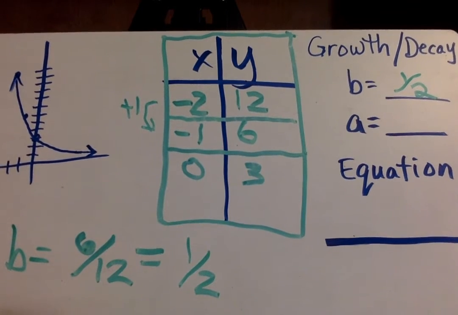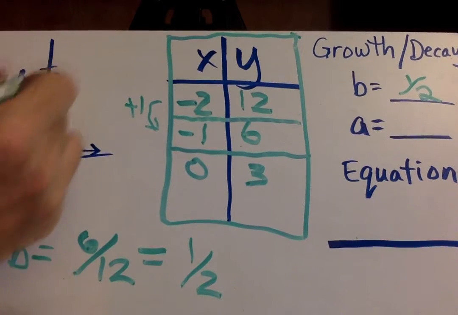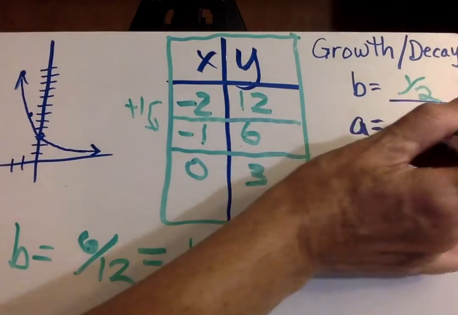Okay. Now we have to find out what A is. A is going to be where it crosses the y-axis here. And it crosses at 0, 3, so A is 3.